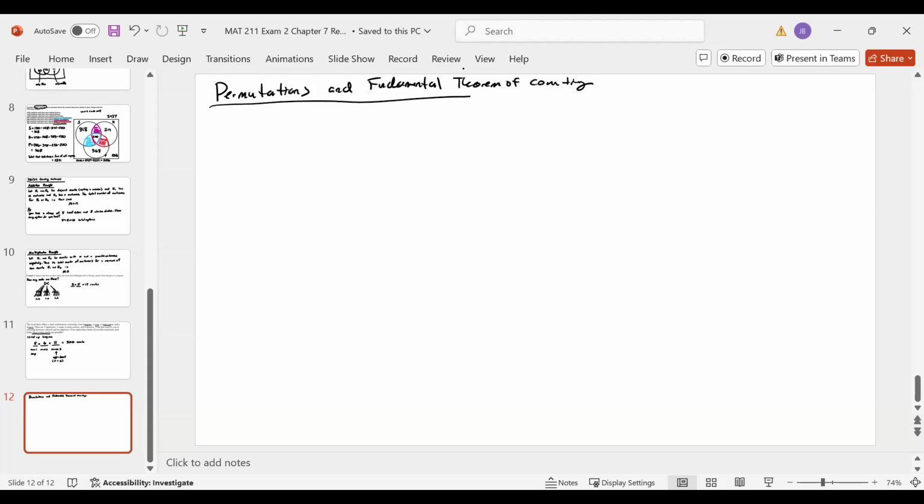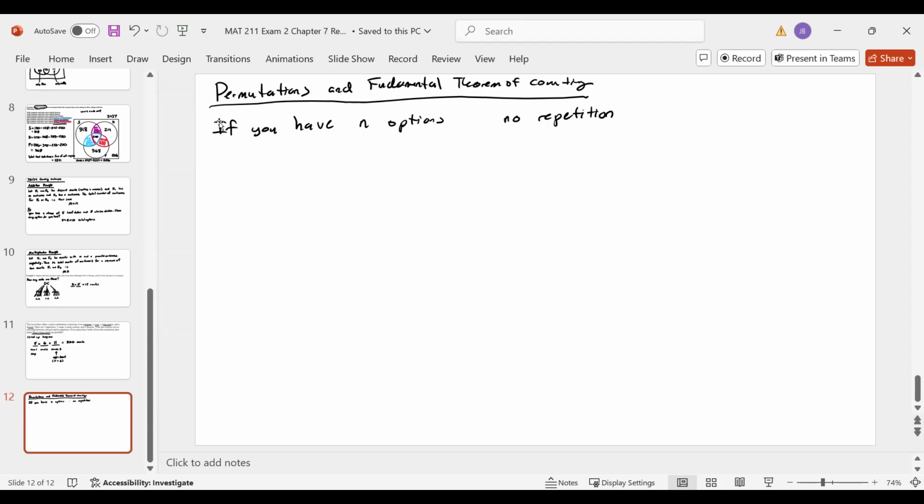And the fundamental theorem of counting, honestly, is just the multiplication rule. We can go further than that, right? So if you have n options and no repetition, okay? So you have n options and no repetition.